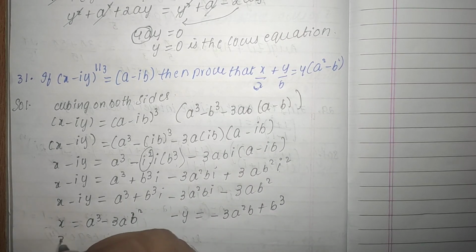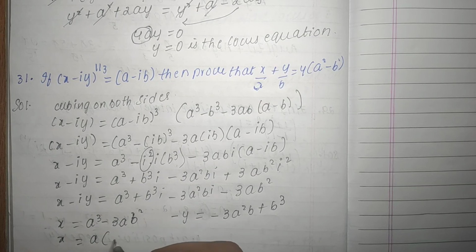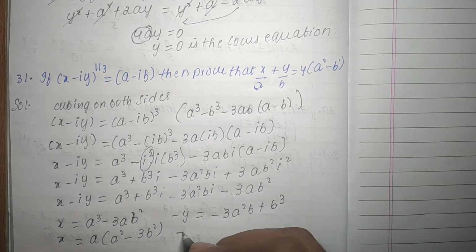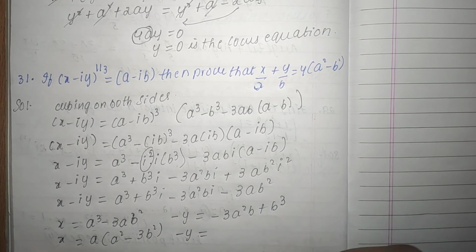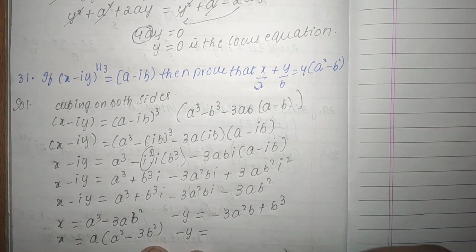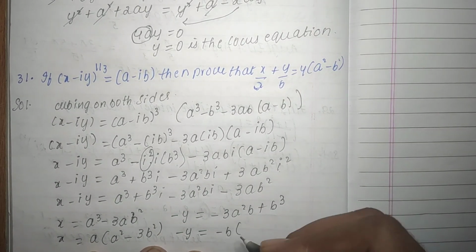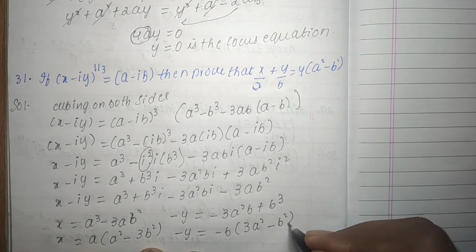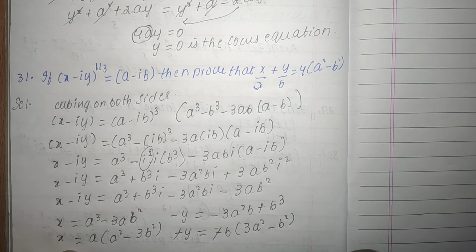So x is equal to, take a common from this, a times (a square minus 3b square). From this, minus y is equal to, take minus b common, minus b into (3a square minus b square). Minus minus gets cancelled.